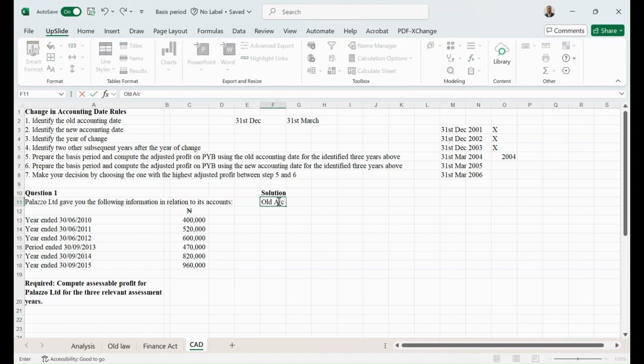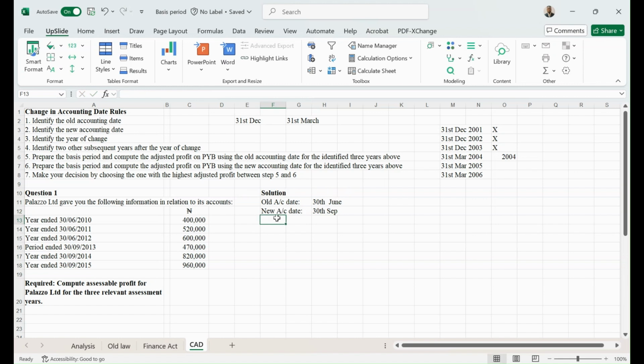It's going to be 30th of June. What is the new accounting date? The new accounting date is going to be 30th September. So once you've identified these two, you've started.